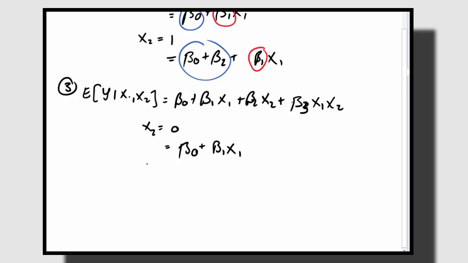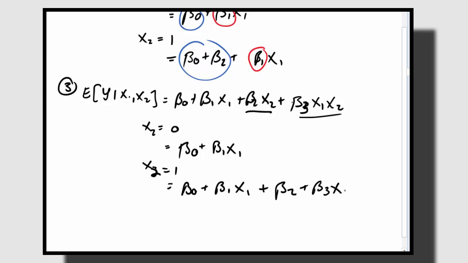Okay. Now let's work on the case when X2 is 1, which is the case when the province is majority Catholic. So we get beta naught plus beta 1 X1 plus now beta 2, this term is present because X2 is 1, and this term is now beta 3 times X1 because remember X2 is equal to 1 in this case that we're considering.